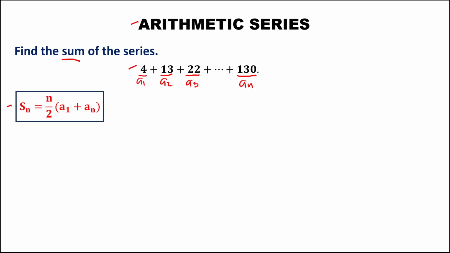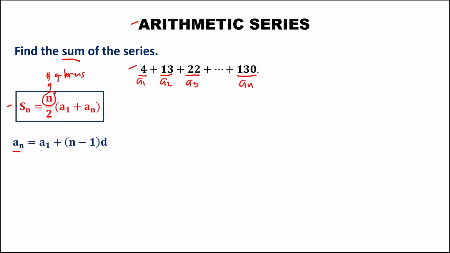Then from this formula, observe, we need to find the number of terms. So to find the number of terms using this arithmetic sequence formula, substitute now all the values.